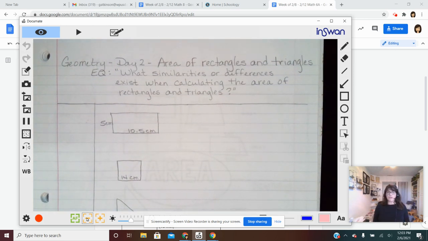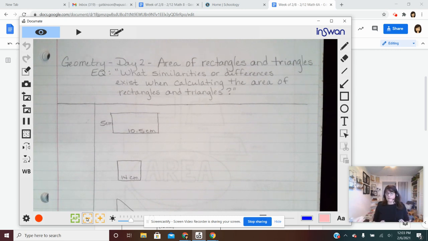Title, Geometry Day 2. We're putting it all in one day, but this is part 2. Area of rectangles and triangles. There's your title. Our essential question, what similarities or differences exist when calculating the area of rectangles and triangles? Some things are the same.